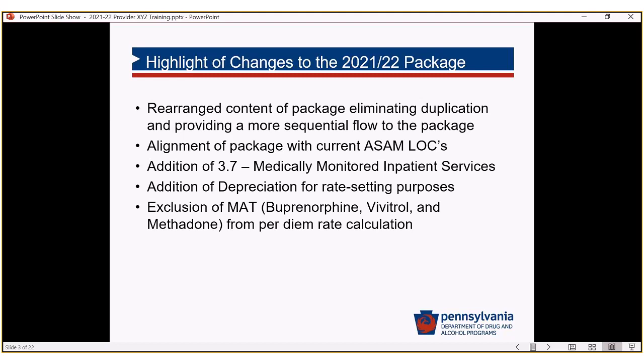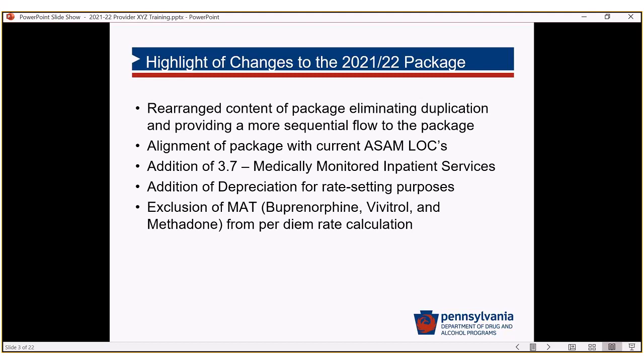We aligned our language with the ASAM criteria. As you all are very aware, we're working toward full implementation of the ASAM, so it makes natural sense to include that language within the rate setting process and within the XYZ tool.